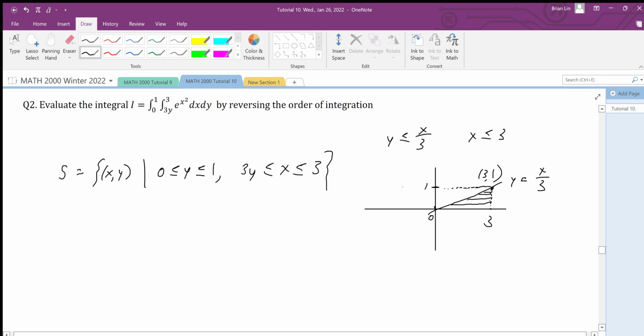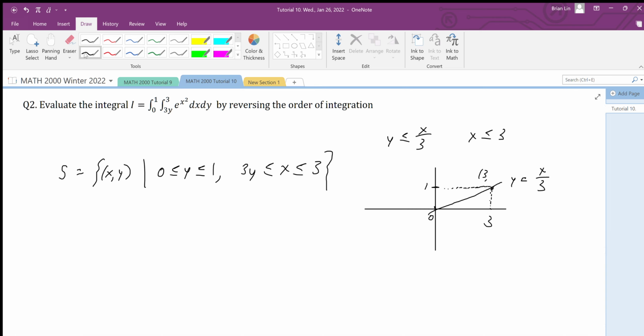If we were to reverse the order of integration, we want to visualize this using vertical strips. And the way we could do that is to say our x values go from 0 to 3, but what about our y values?